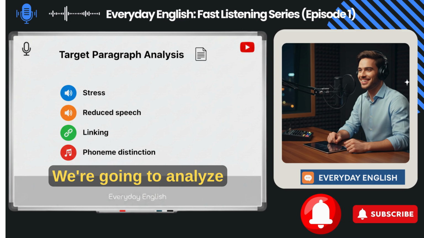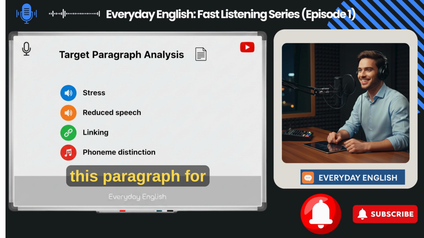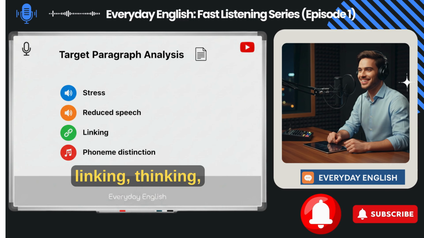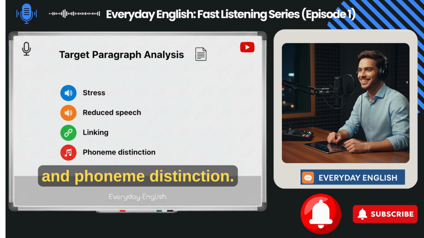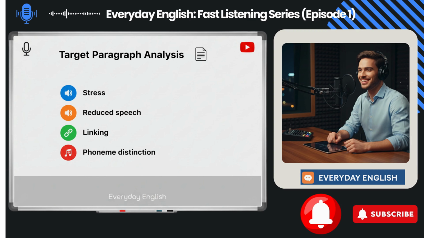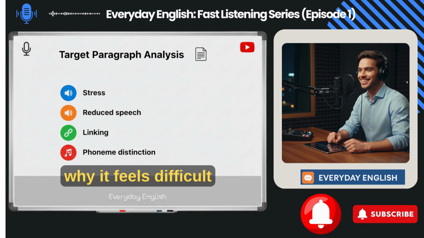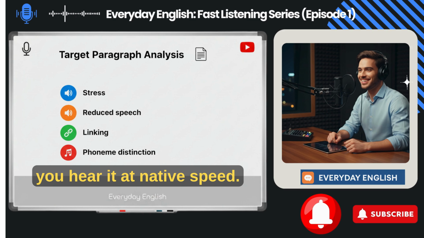We're going to analyze this paragraph for the 4 elements: stress, reduced speech, linking, and phoneme distinction. This will help you understand why it feels difficult to follow when you hear it at native speed.